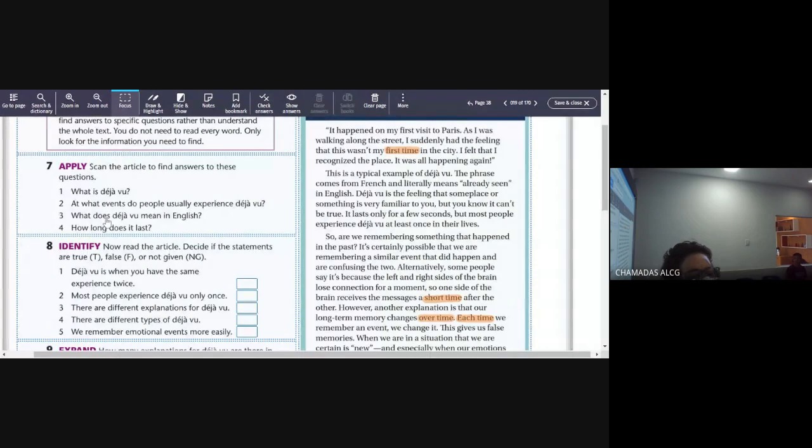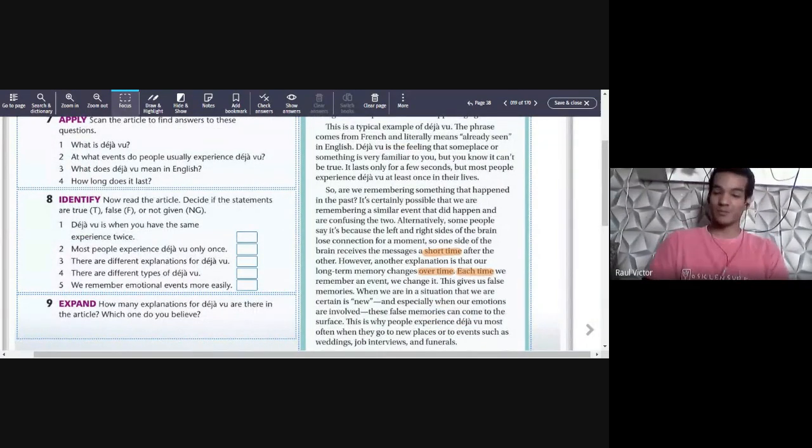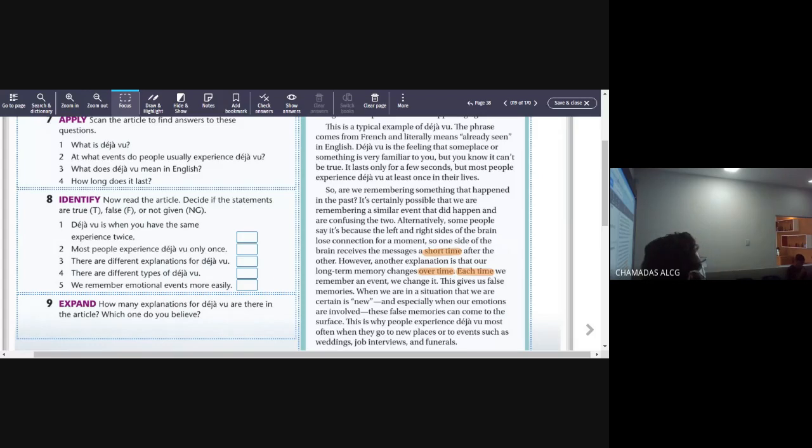At what events do people usually experience déjà vu? When they travel. Yeah. When people travel, what happens? What else?